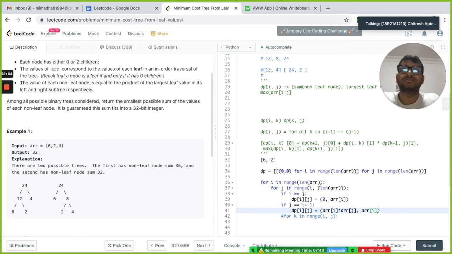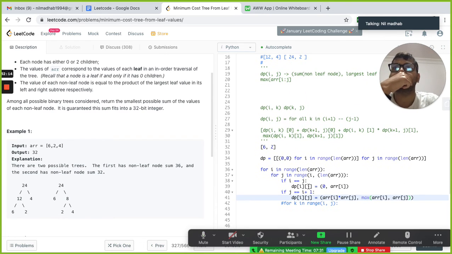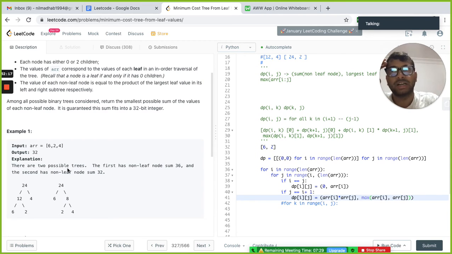Is it okay? Yes. For 6 and 2 we have 12, so the product and the maximum will be 12 and 6.